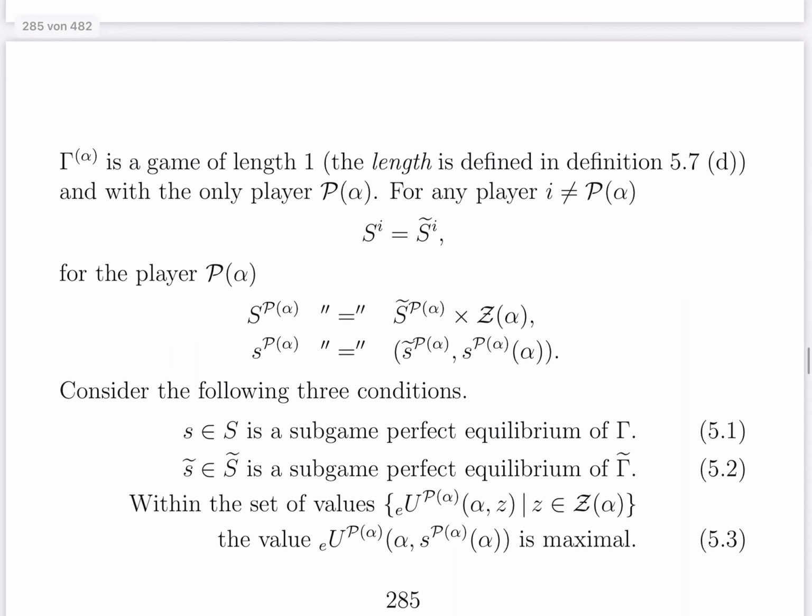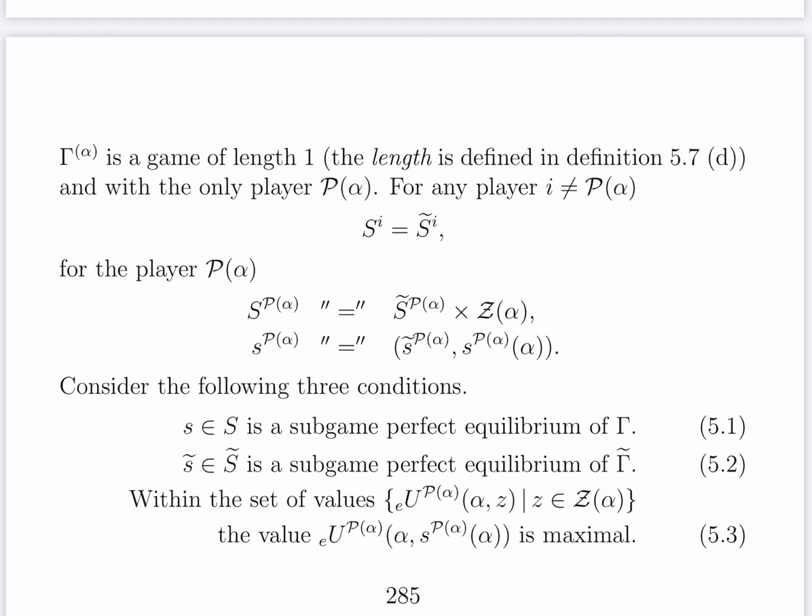So this small subgame is a game of length 1. All the final plays consist of just one move. And for any player except the player whose turn it is to play after alpha, his set of strategies for the full game is equal to his set of strategies for the restricted game. It's clear from the picture.